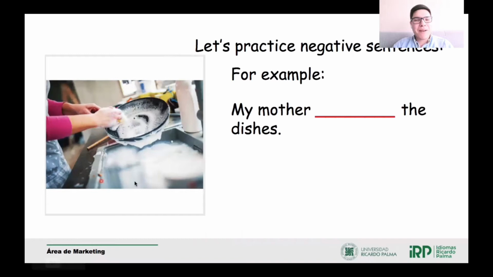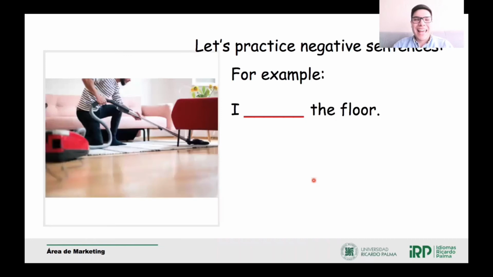My mother, the dishes. In a negative sentence in present perfect, we have to say, my mother hasn't washed the dishes. Very good.